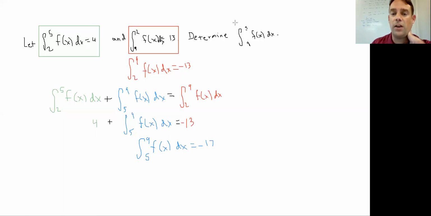And now if we look at it here, friends, especially my values here, notice my 5 and my 9 have flip-flopped. So now in order to make this match up, I'm going to have to flip-flop it. I invert my bounds.